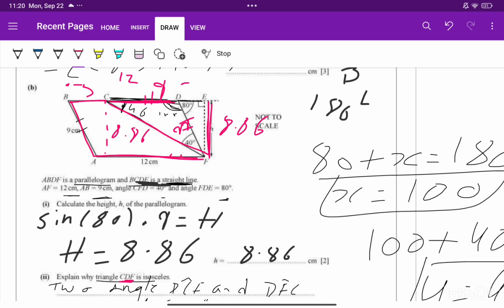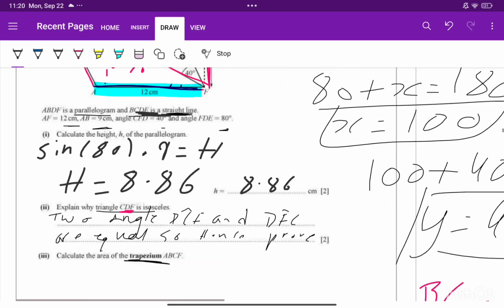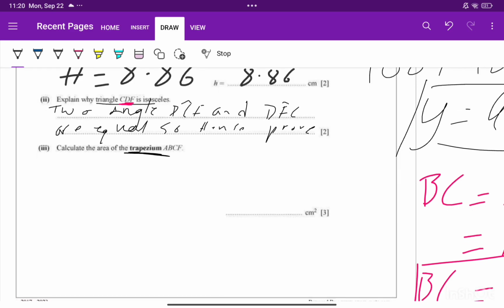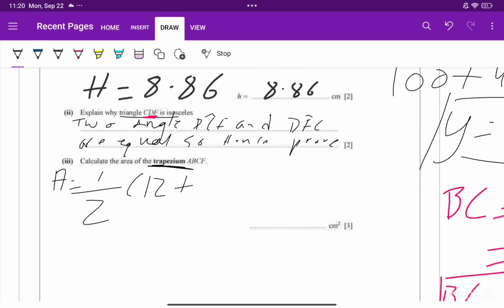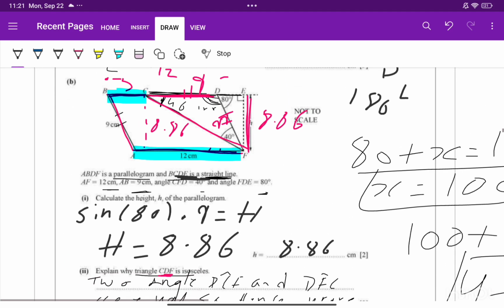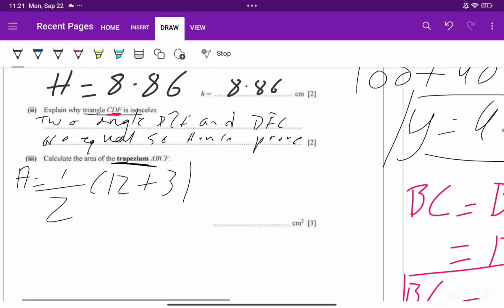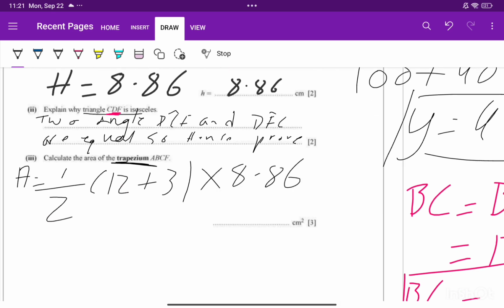We know that in the trapezium, BC is parallel to AF. Now we will use the formula for the area of a trapezium, which is half times the parallel sides, AF and BC, 12 plus 3, multiplied by the height, 8.86. We will do this in the calculator. The answer will be 66.5. This is our answer.